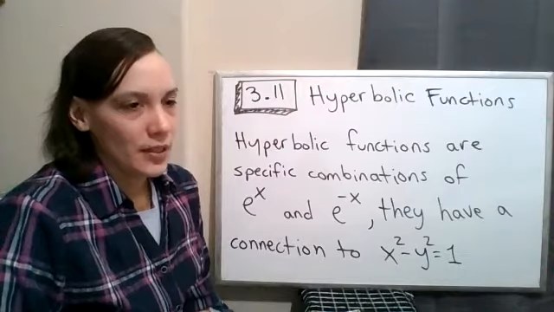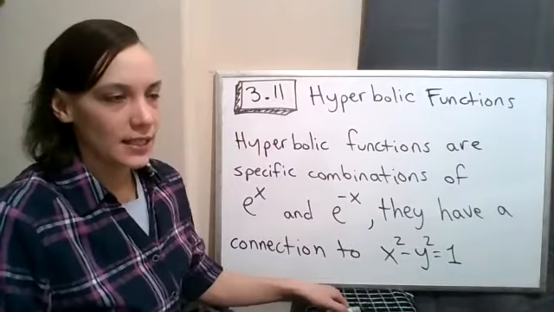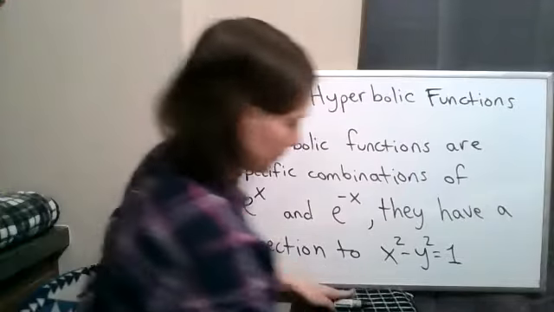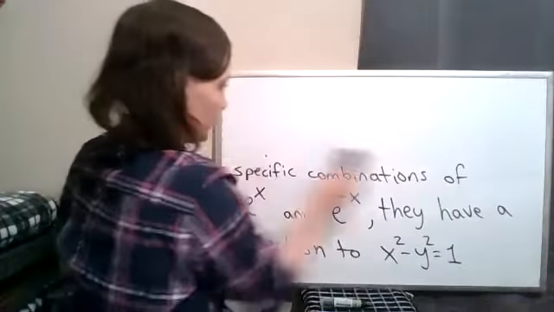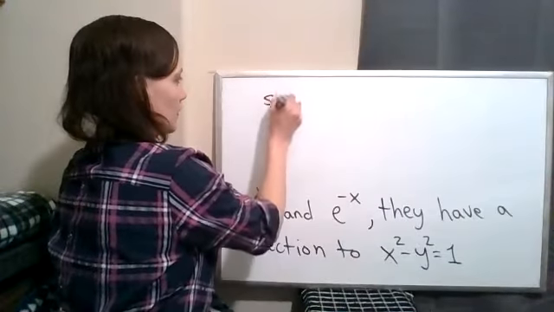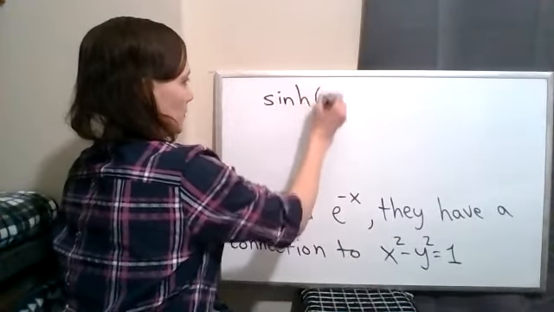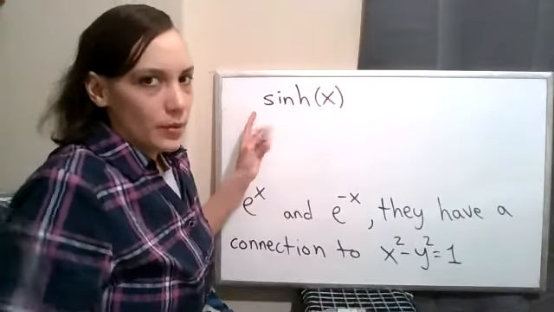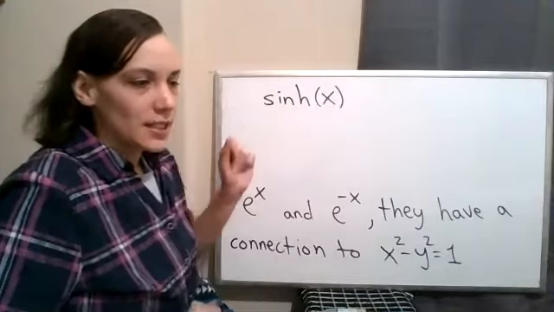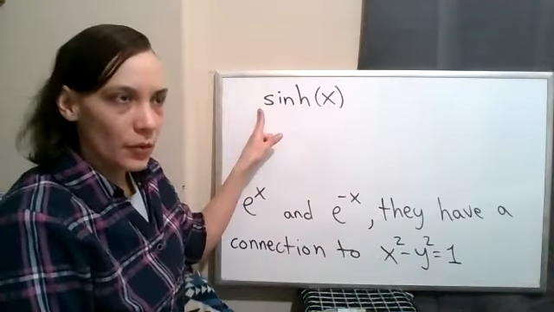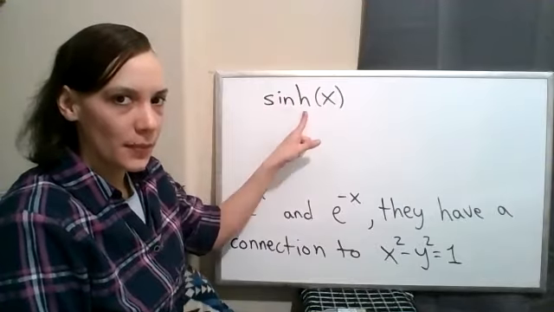All right, the first one we're going to do is written sinh of x, sinh parenthesis x. There are a few ways, I know two for sure, to say it. A British way would be to say it "shine."